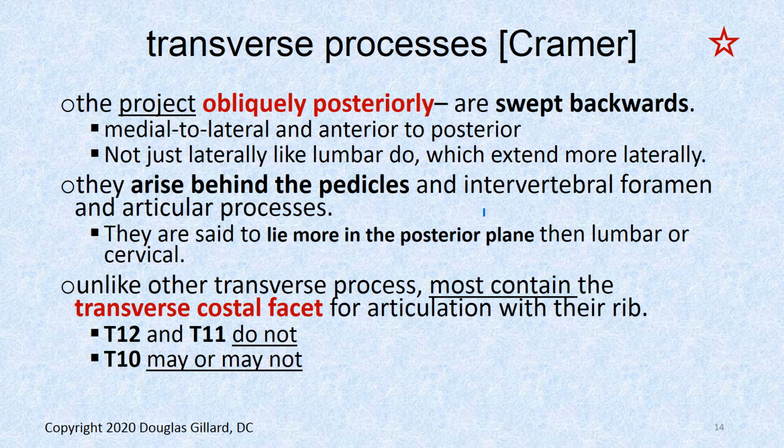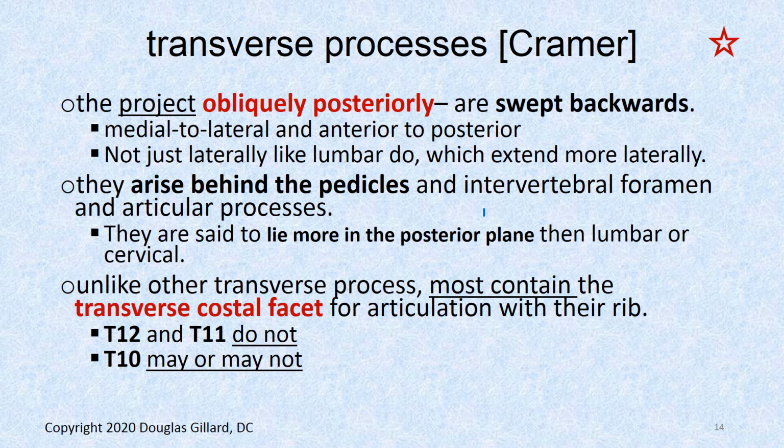All right, they arise behind the pedicles and the intervertebral foramen and articular processes. So they're said to lie more in the posterior plane compared to the lumbar or cervical. Unlike other vertebrae, most thoracic transverse processes contain transverse costal facets. Okay, we don't have those on any other vertebrae, but not all of them.